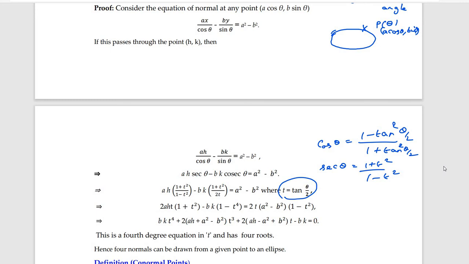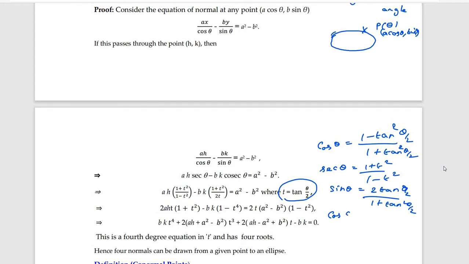In the same way, sin theta is given by 2 tan theta by 2 divided by 1 plus tan square theta by 2. So when we consider cosecant, it will be 1 plus t square by 2t.